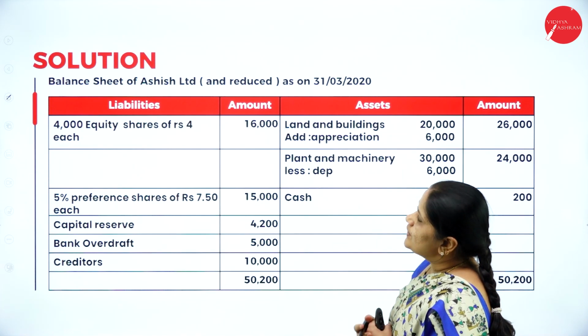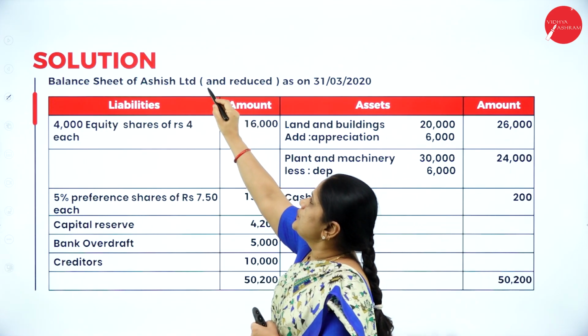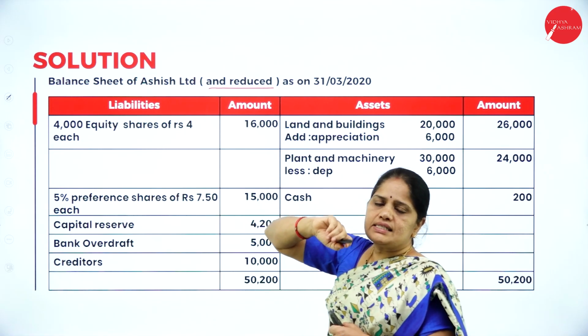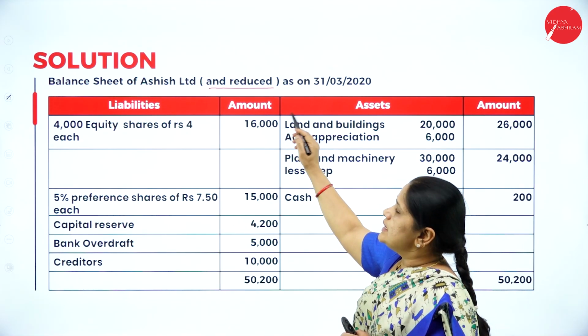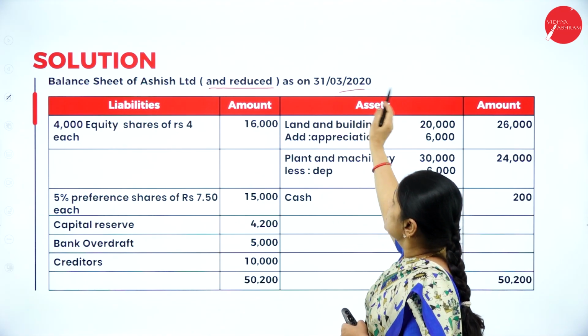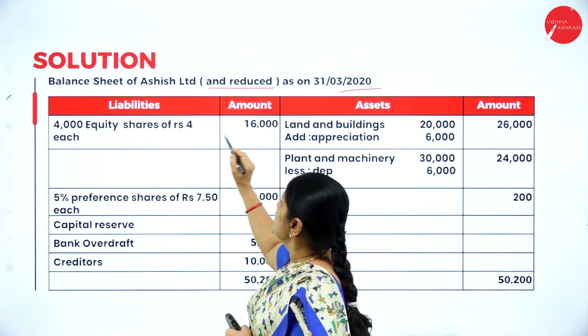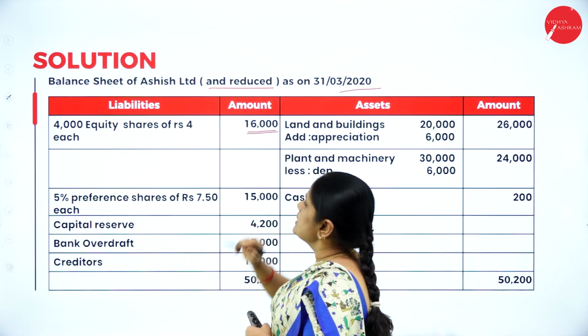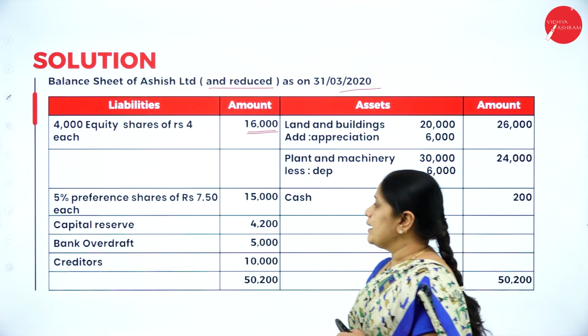Now next we have the balance sheet of Ashish Limited and reduced. Whenever there is a capital alteration or reduction in capital, we will include this and reduced as on 31/3/2020. So the 4,000 equity shares of rupees 4 each, 16,000. This is the new equity capital of the company.